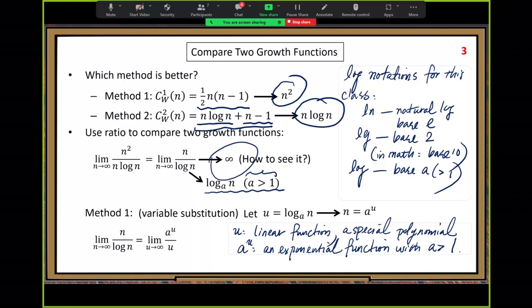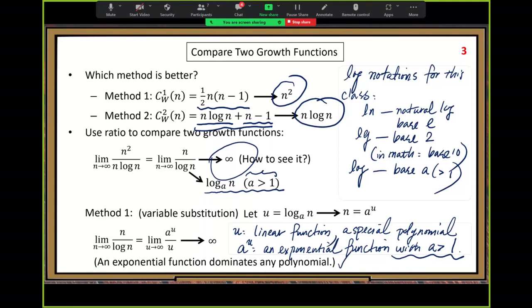You need to be aware that the base should be greater than 1. If the base is less than 1 or equals 1, then it's not true. Only when the base is strictly greater than 1 is this fact true: an exponential function dominates any polynomial.